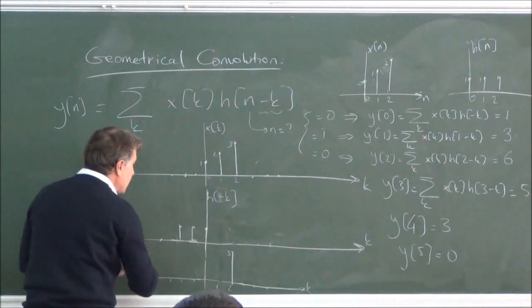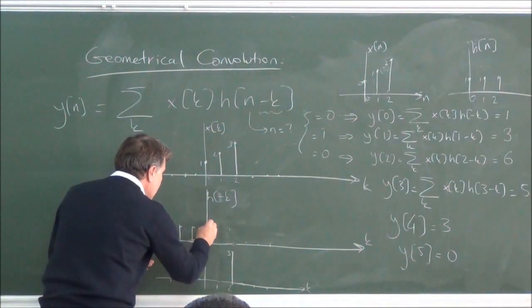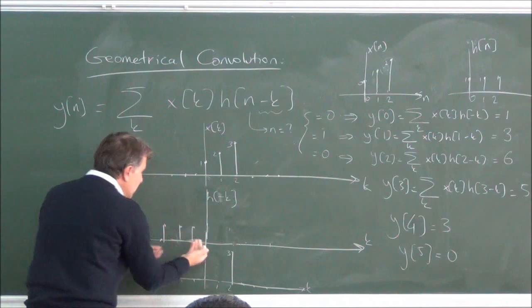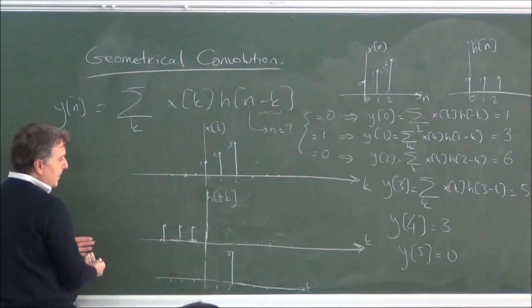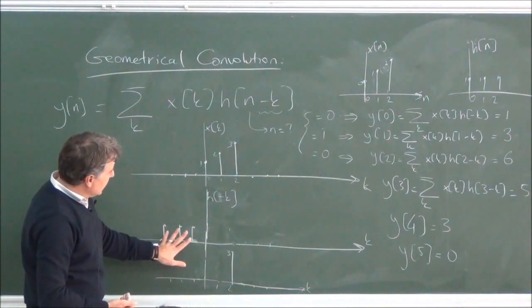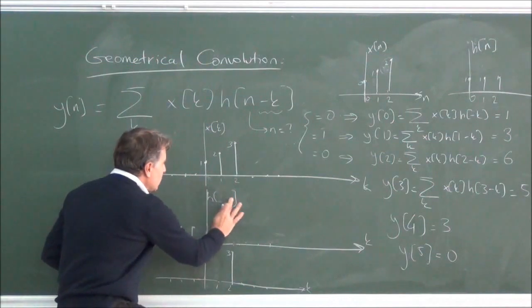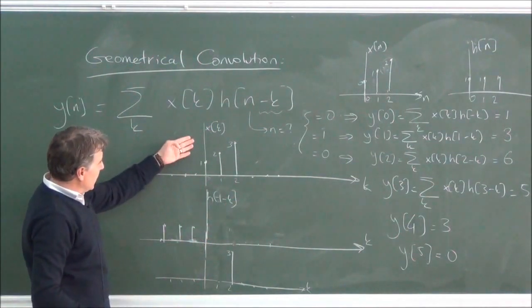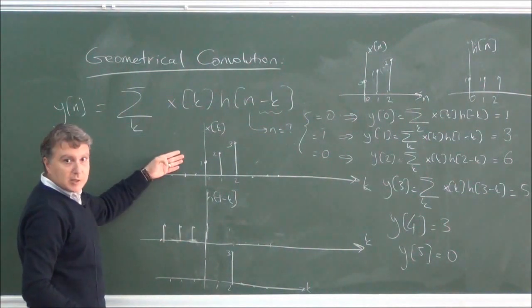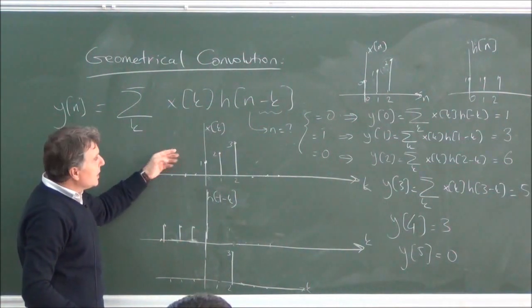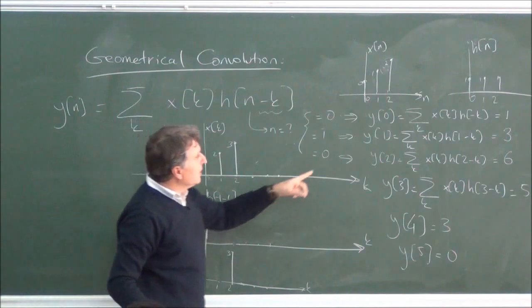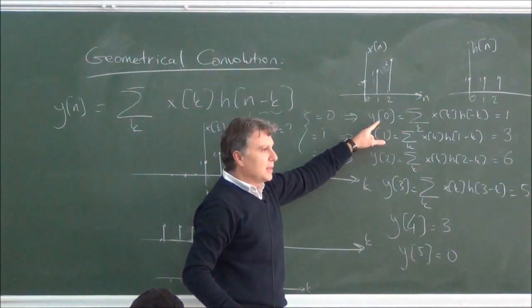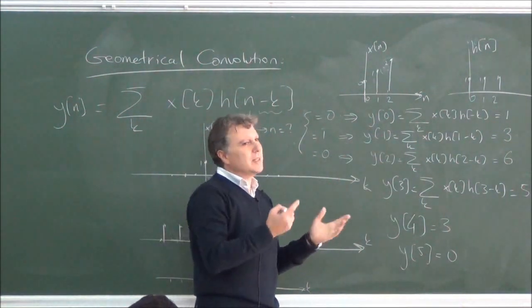H of minus 1 minus k is this, shifted to the left. And if you multiply h of minus 1 minus k, this one, with x of k, there's no multiplication. That's why I didn't evaluate y of minus 1. There is no y of minus 1. Y of minus 1 is 0, in other words.